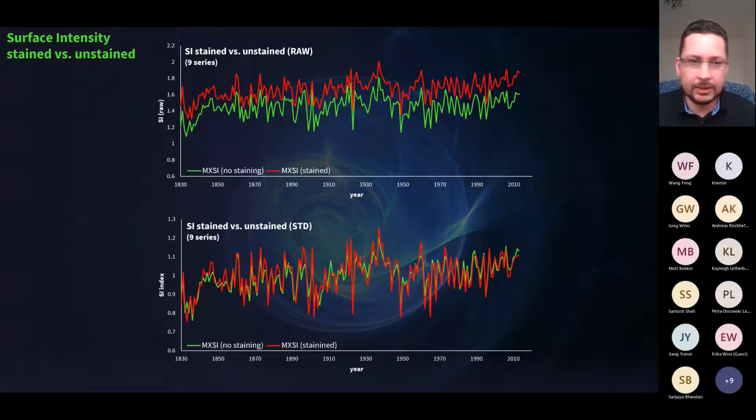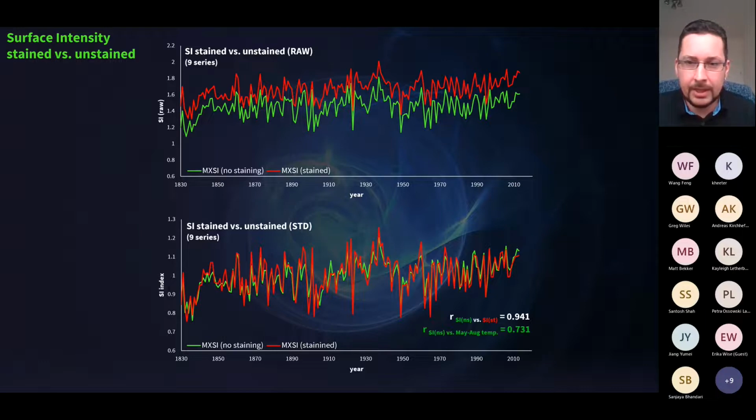If we look at z-scores, or an index after standardizing, we see that the two chronologies are very similar. The correlation between the stained and non-stained is 0.941, so that could just be measurement error.